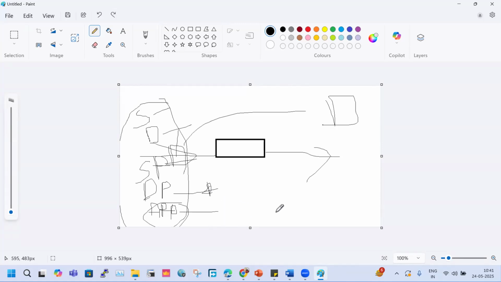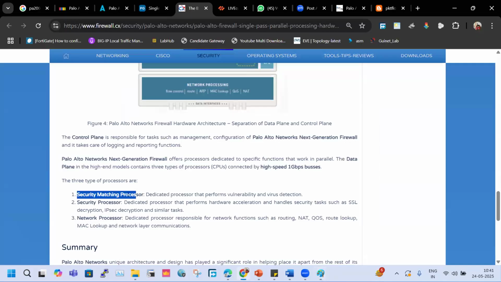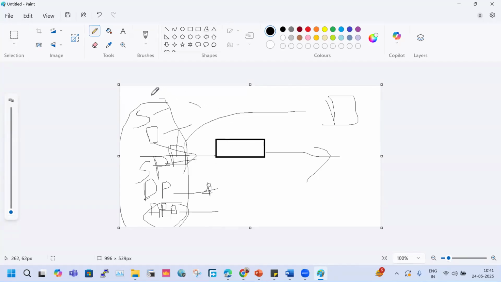signature as well. Whenever the traffic is received by the firewall, its data plane security matching process will check whether this traffic has any malicious content. Suppose you are trying to upload or download data from a server hosted on the internet.